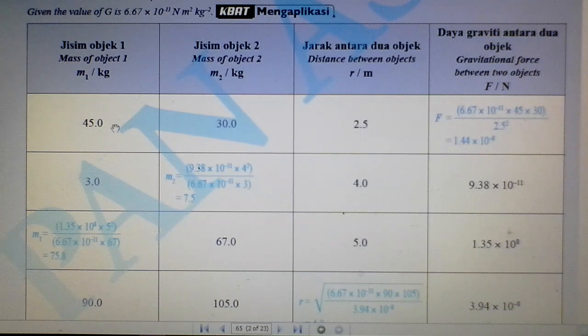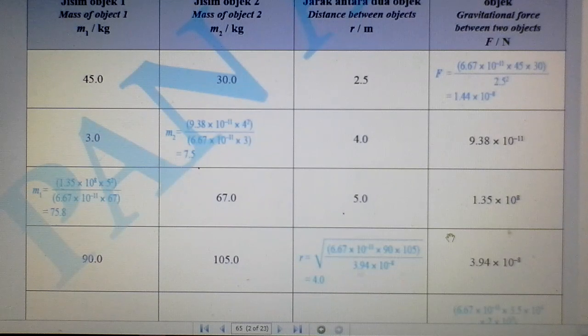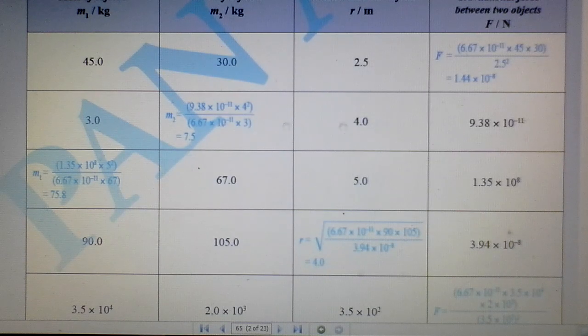Substitute the values of m1, m2 and r, then you get the force 1.44 times 10 to the power negative 8 Newton. You can continue to complete the table using the same formula. Sometimes they give you m1, r and F, and want you to find m2. You just use the formula and solve it mathematically. I think you can complete this one by yourself.